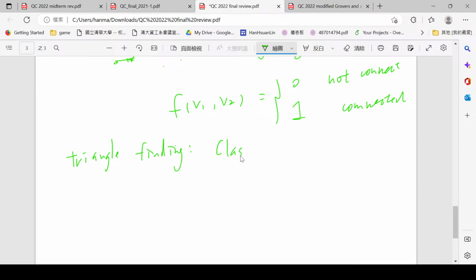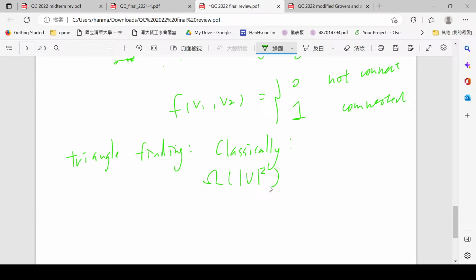Classically, we are talking about the worst case. There is nothing smart you can do; this is omega of v squared.